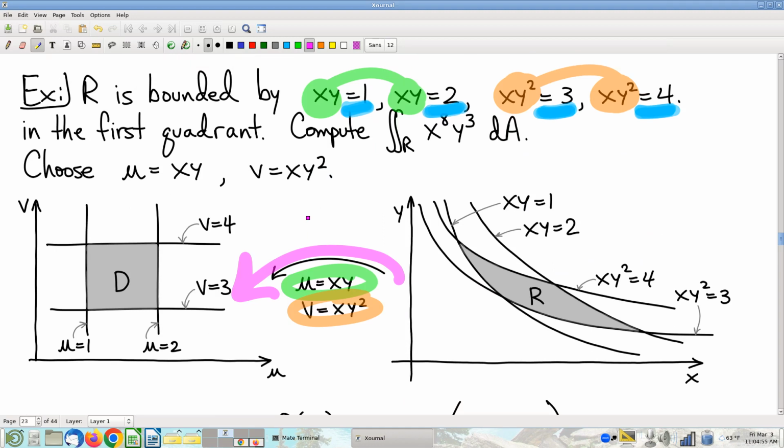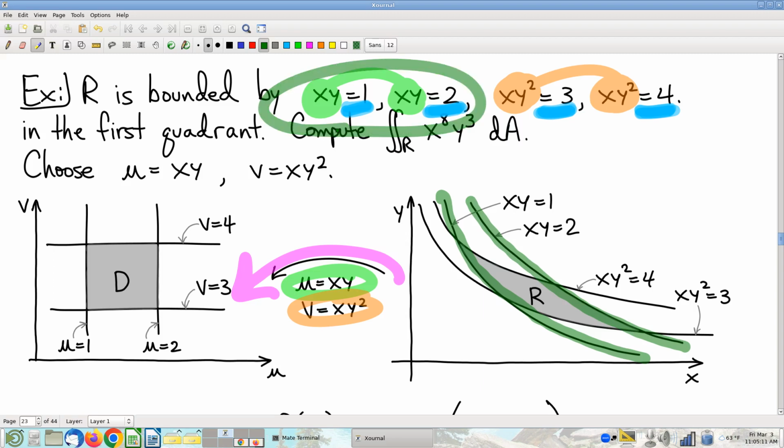It's because if I look at these curves, for example, these two curves, xy equals 1 and xy equals 2, well, don't forget xy is u. So these two curves in the dark green just become u equals 1 and u equals 2, and those are straight lines.